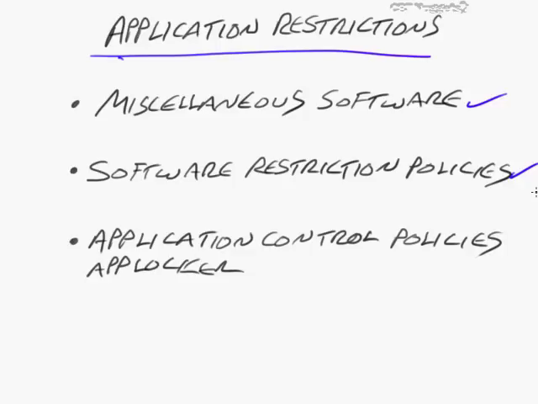It works across all current versions of Windows, and it's fairly effective, but it's certainly not bulletproof, and it does have some failings, one of which is if the hash signature changes for a specific application, it won't really work anymore. But that can be somewhat mitigated by application control policies, also known as AppLocker, which are very effective and also allow you to discriminate between various users and groups in terms of who the restrictions will apply to.